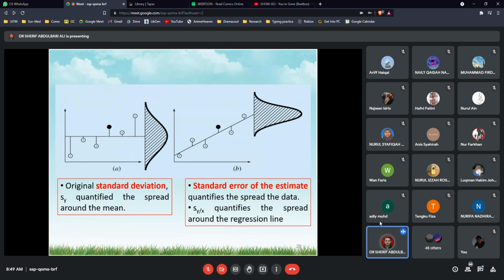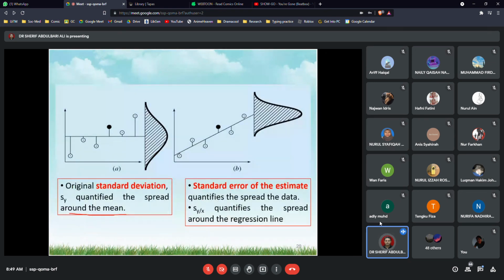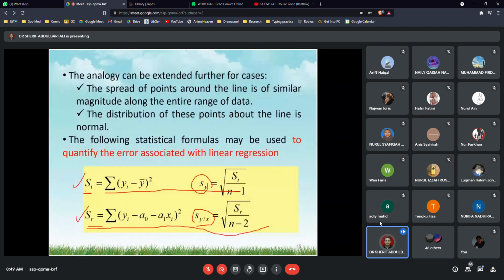This quantifies the spread of the data around the mean. SY over X shows us the standard error of estimates. This shows how our data is spread around our regression line. So we need to calculate all of these: ST, SR, SY, and SY over X. No worries, no need for you to memorize all these equations. All these equations are going to be given in the exam.